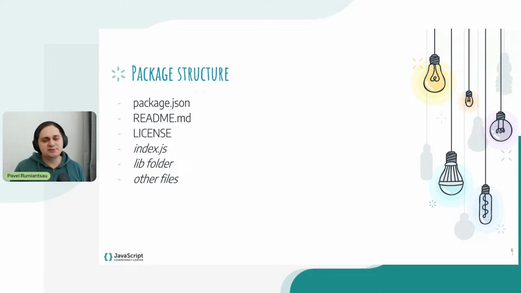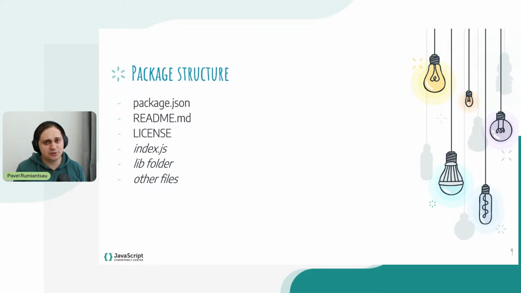The second part, which is usually also present, is a README file. It's a way you can describe what is inside your package. And usually when you create some package, you would want to write something about this. In this case, it will be great to provide some sort of documentation of how to integrate your package and how to use it, because usually when you're downloading some package from the internet, you want to understand how it's working.